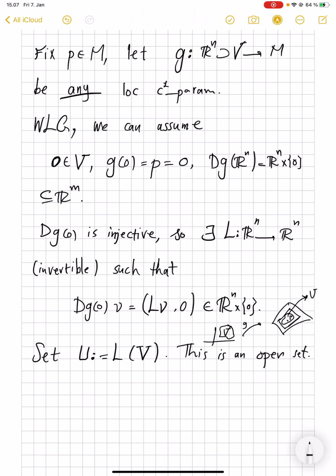Algebraically, with this notation, it is not really something in the tangent space of M, but you can imagine it is, and that explains some of the properties that we will deduce for this U. Okay, and also we see that 0 belongs to U. That's just because L of 0 is 0.